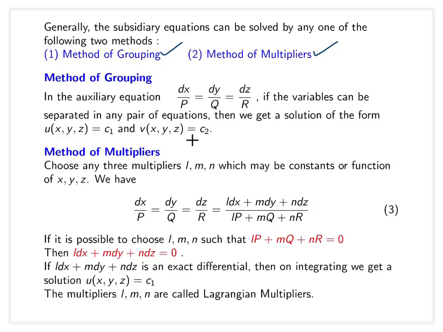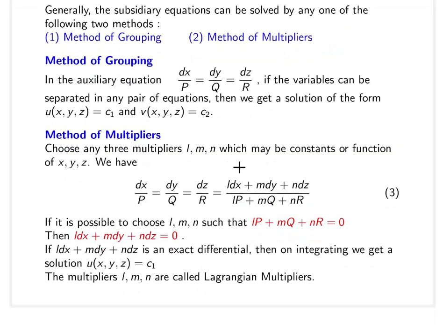In the method of multipliers, choose any three multipliers L, M, N, which may be constants or functions of x, y, z. So we have dx by P, dy by Q, equal to dz by R. These ratios are equivalent to L dx plus M dy plus N dz, whole divided by L into P plus M into Q plus N into R. Therefore, we can choose the multipliers such that L into P plus M into Q plus N into R is 0.